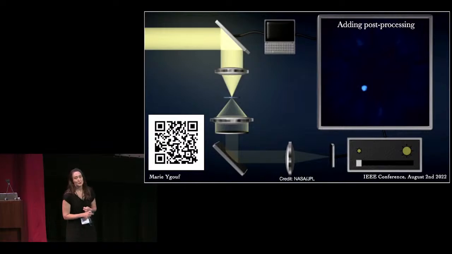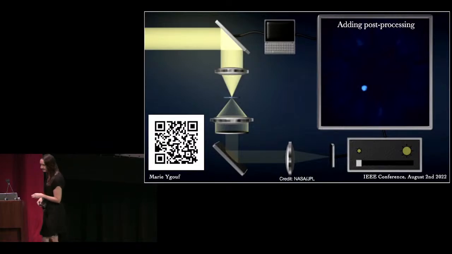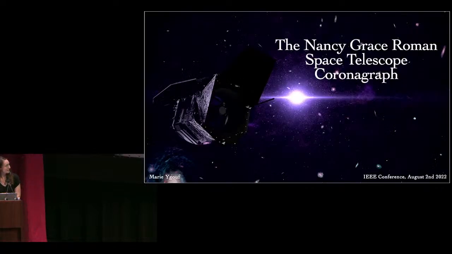And then you can see the planets and the fainter planets. So I really encourage you to check the full videos. There are 2 versions of it on YouTube, and it's really very nice.